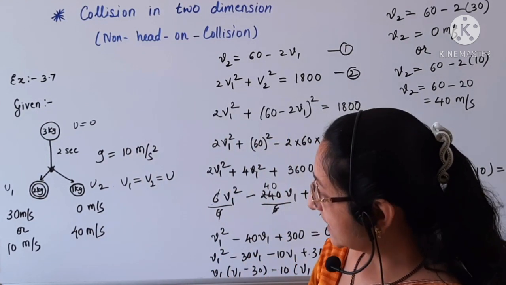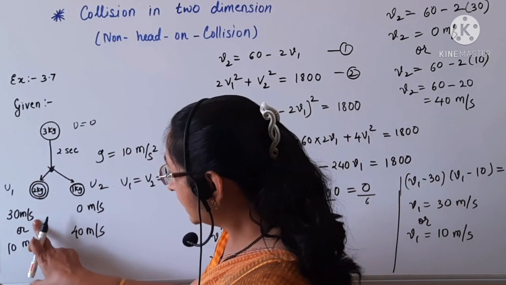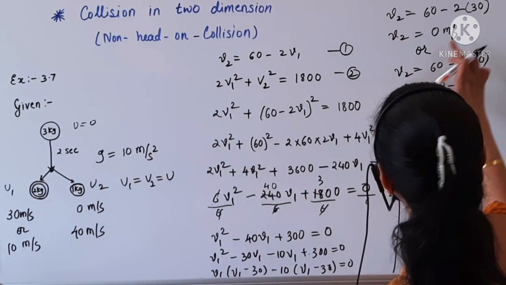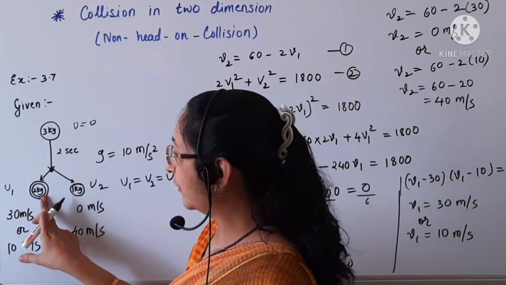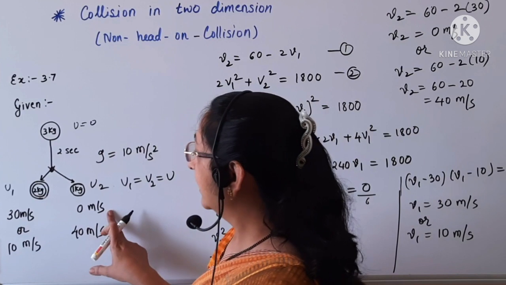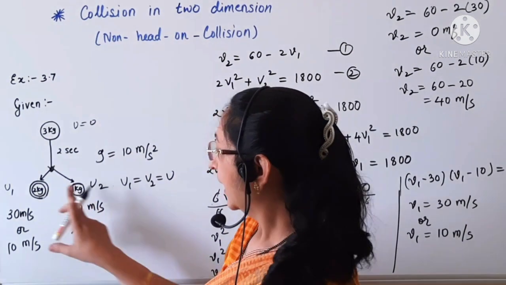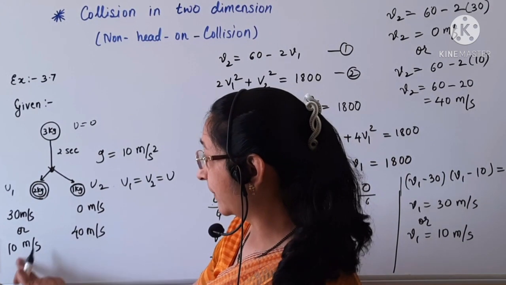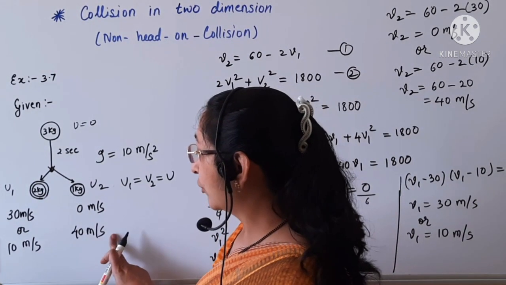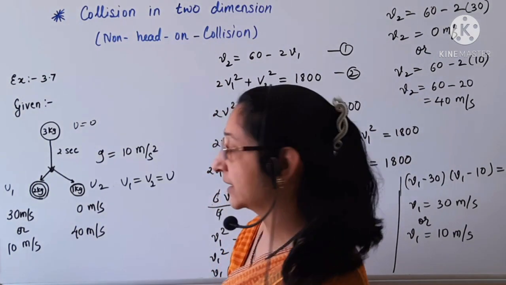Now, here we can see that if the velocity of the first fragment is 30 meters per second, then the velocity of the second fragment, which is of 1 kg, is 0 meters per second. And if the velocity of the first fragment of 2 kg mass is 10 meters per second, then the velocity of the second fragment of 1 kg mass is 40 meters per second.